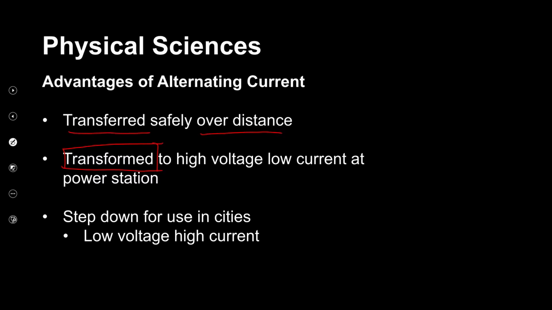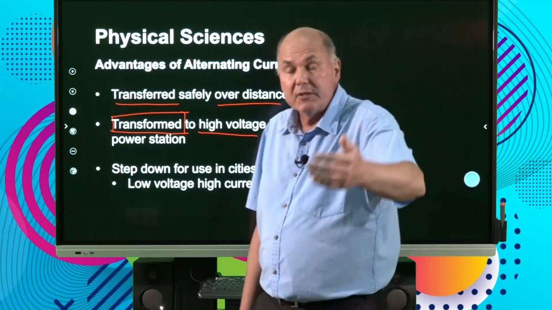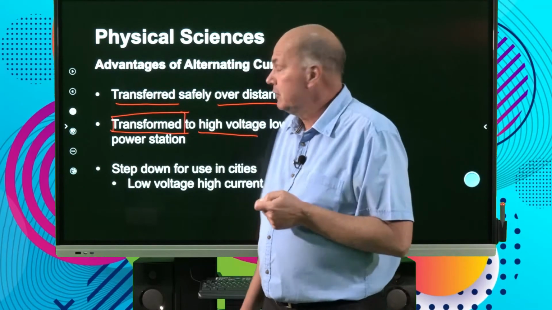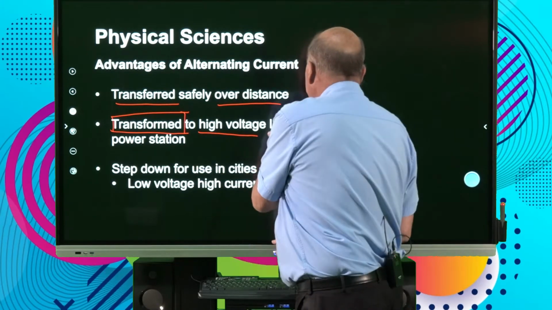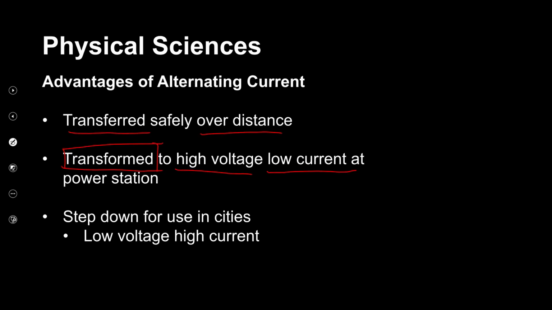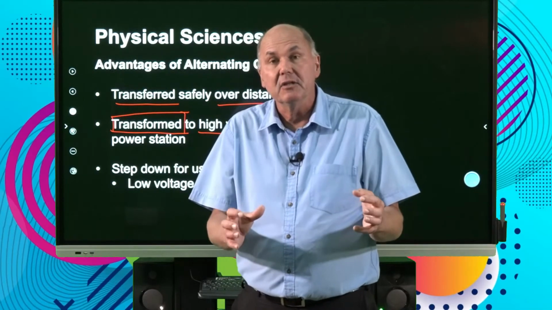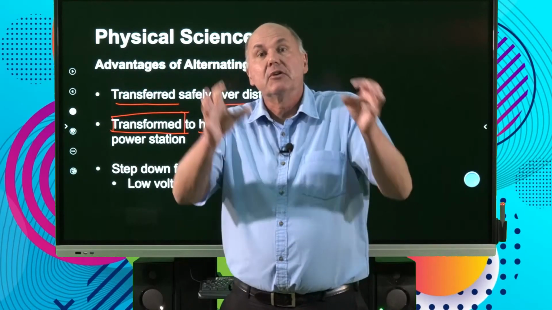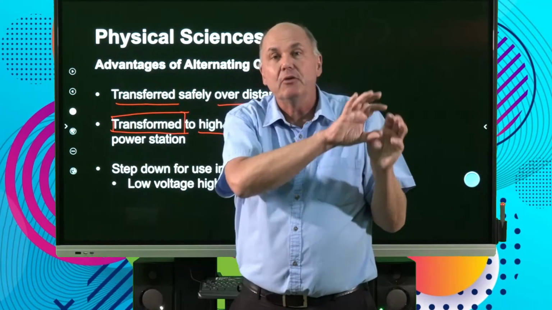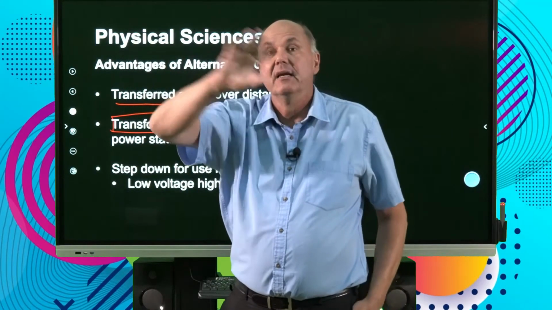And so there are ways to make the current from the power station be transformed into a high voltage, low current process at the power station. And so in those grid lines that you see strewn across the country, we find that we've got high voltage lines and they're bringing a low current.